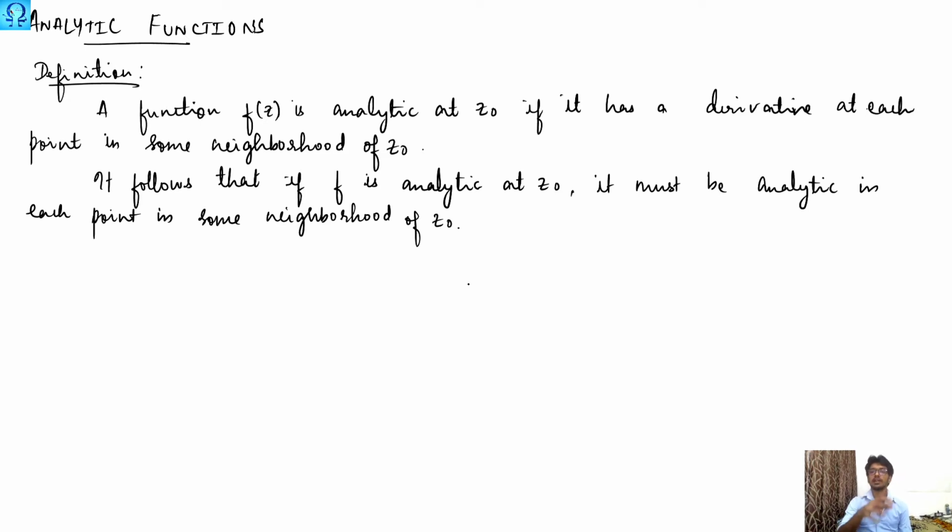Actually, if it possesses a derivative at each point of the neighborhood, that same neighborhood can be treated as a neighborhood for all those points that are present in the neighborhood in some way. Okay, this may be, or it may contain a smaller neighborhood than that. So at all those points the function possesses derivative. So if the function possesses derivative in some neighborhood, then we may say it is analytic, right? So that is what we have said.